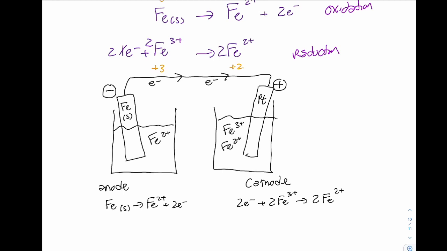Both of those are in aqueous solution, so they're floating around. My salt bridge, I didn't specifically say, so I'm just going to use sodium sulfate again. Anions towards the anode, cations towards the cathode. So that would be my cell for this one.